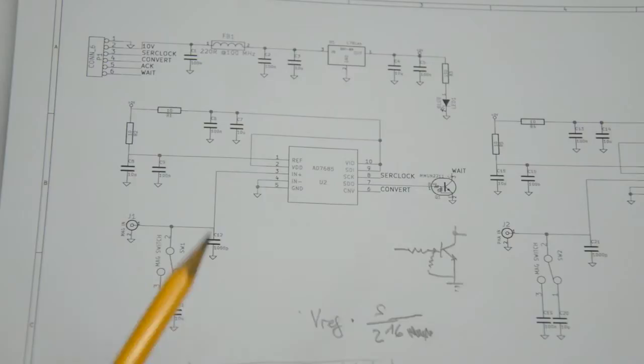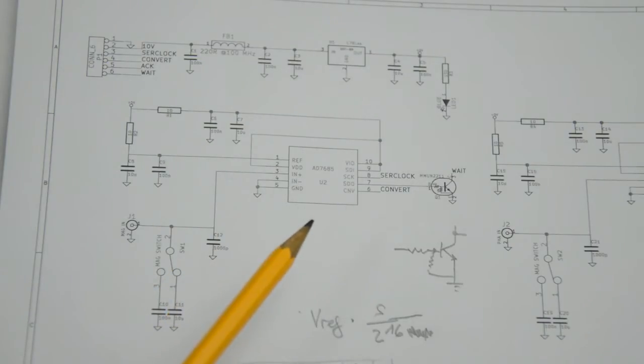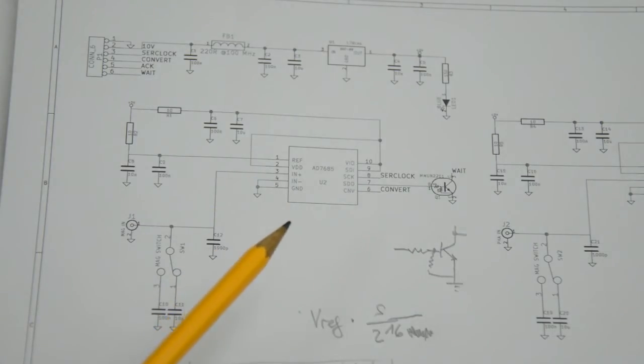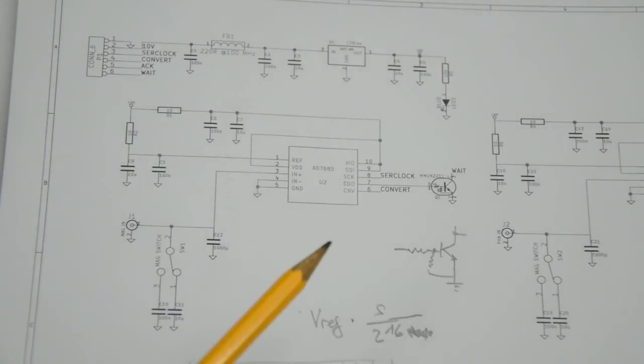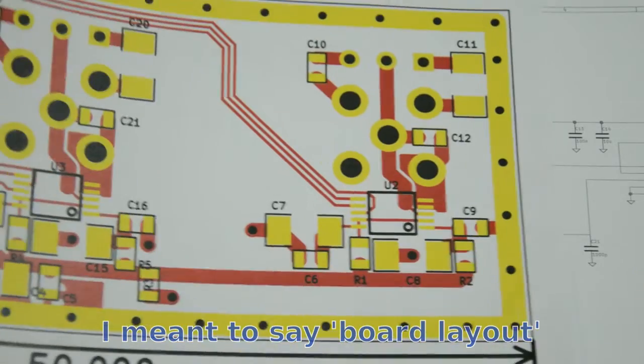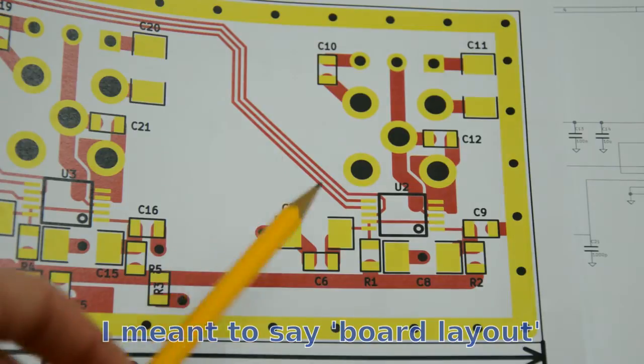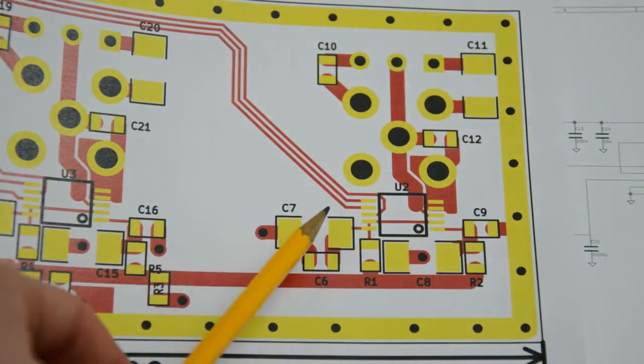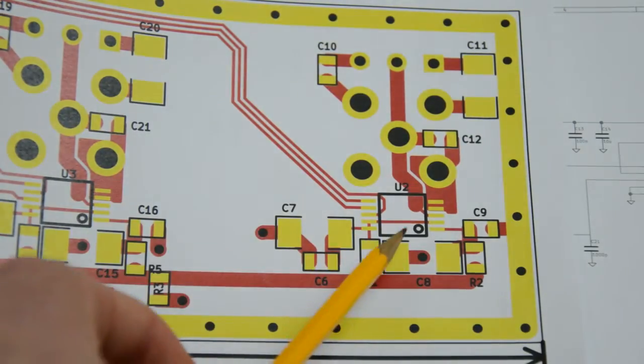And on the other side of the chip, there is all your digital stuff. That is a way to tell the chip that it has to sample, as well as means to get the measurement out. Something is interesting about the way the pins are laid out. If you look at the schematic here, on one side of the chip, there is all your digital lines. And on the other side, there is really the analog stuff.